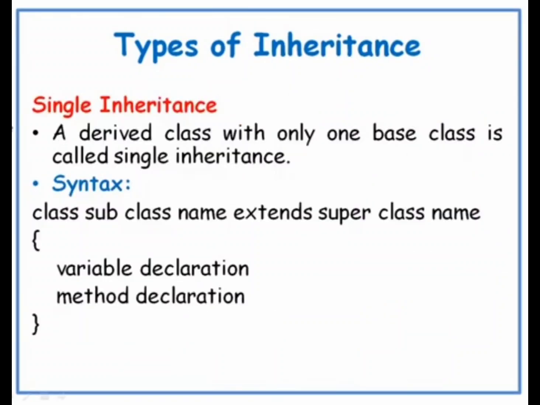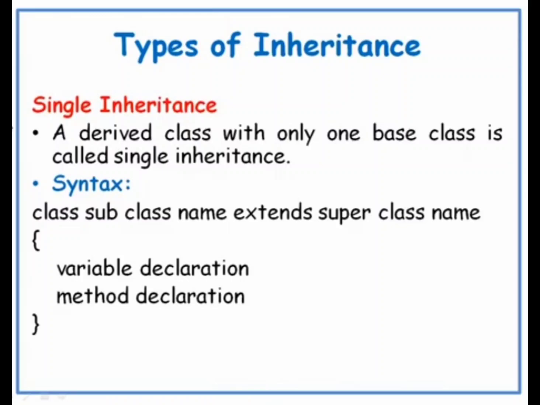First one, single inheritance. In single inheritance, a derived class has only one base class. It means a superclass has only one subclass, derived from only one subclass.